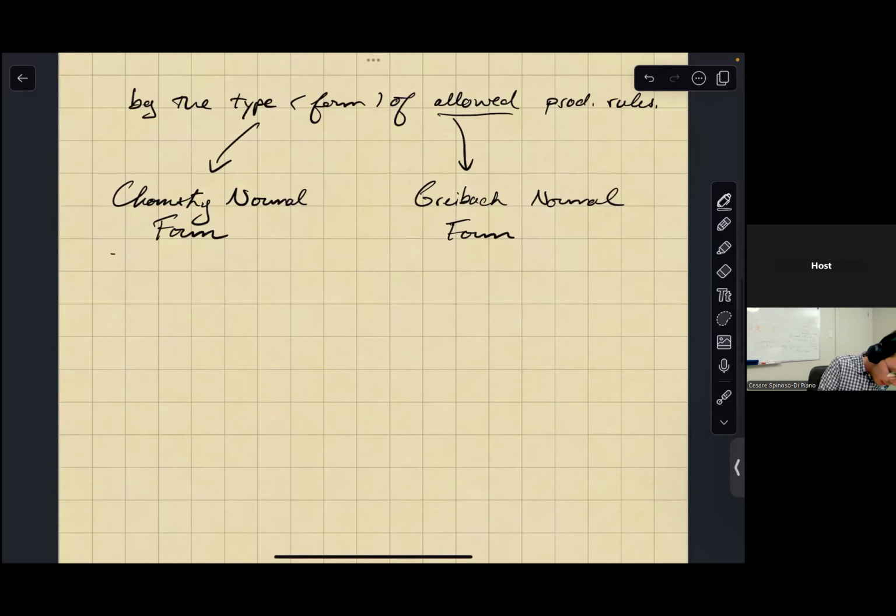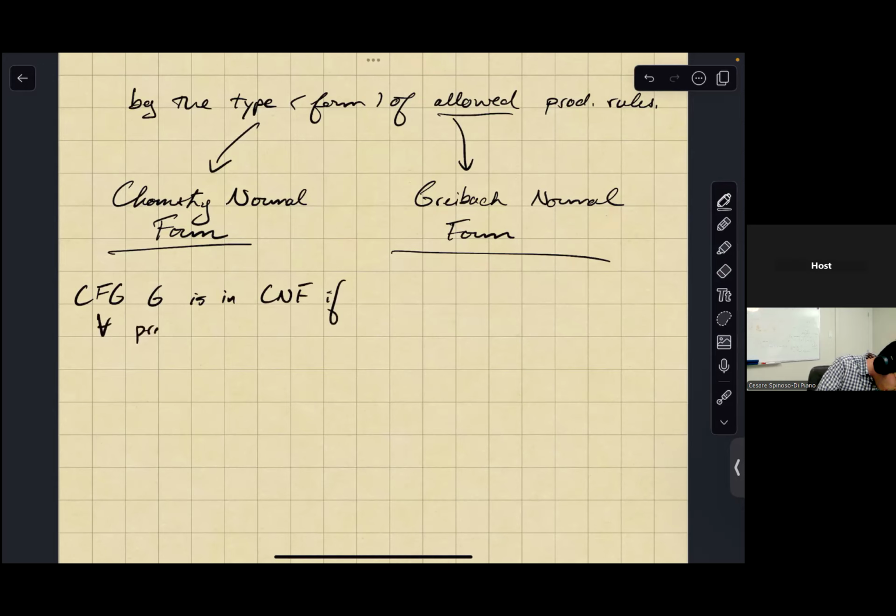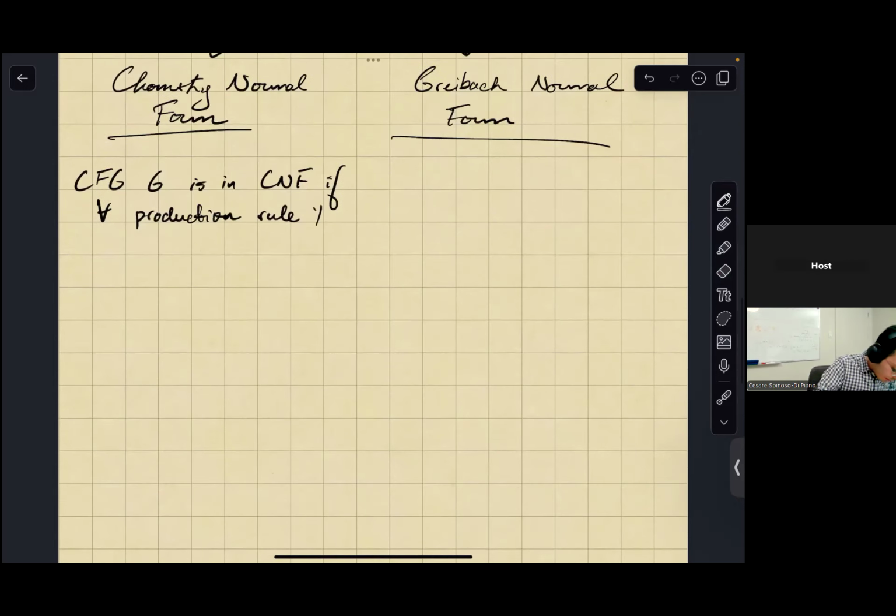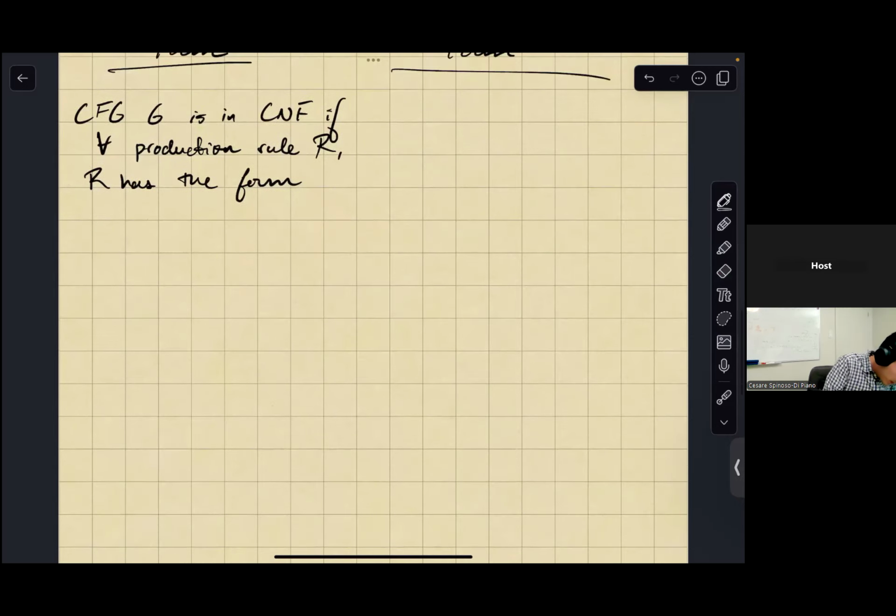We say that the context-free grammar G is in CNF if every production rule, let's call it R, has the form, a single variable on the left-hand side, of course, because it's a context-free grammar.